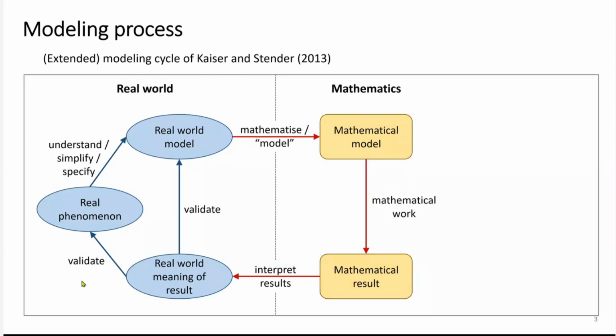What we're trying to do is understand a real phenomenon. You can see my cursor, right? Yeah, okay. So we want to understand the real phenomenon by looking at some meaningful results for that thing.